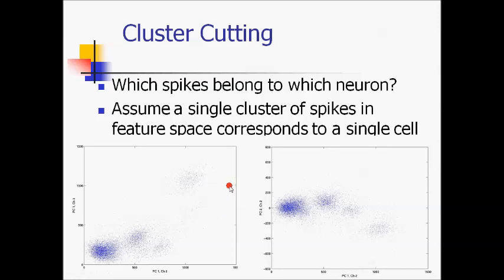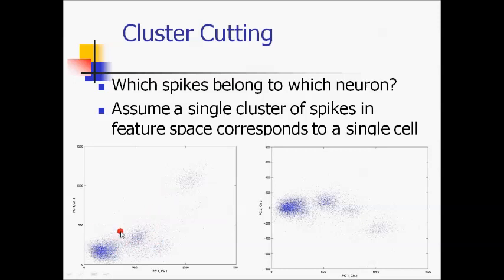Okay, so usually after recording, after using this principal component analysis or energy, we will see those multiple clouds, and the spike sorting or clustering is just to try to find what are the borders between those clusters.